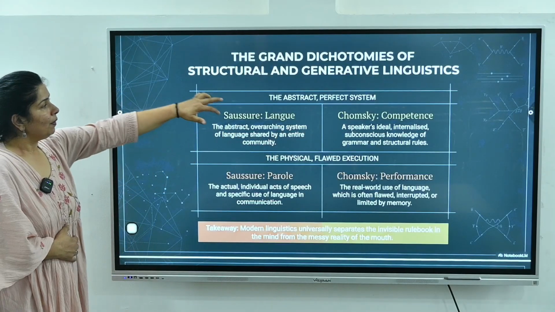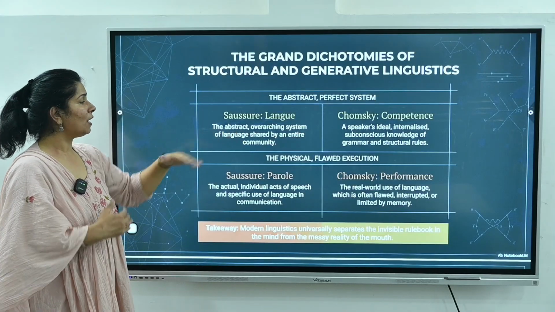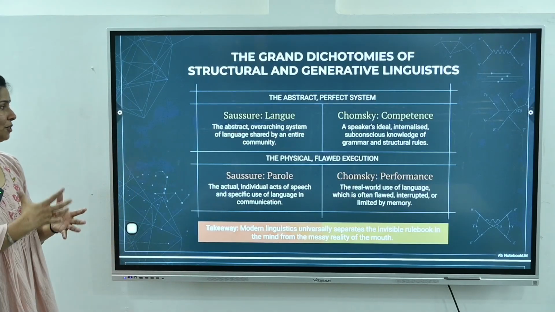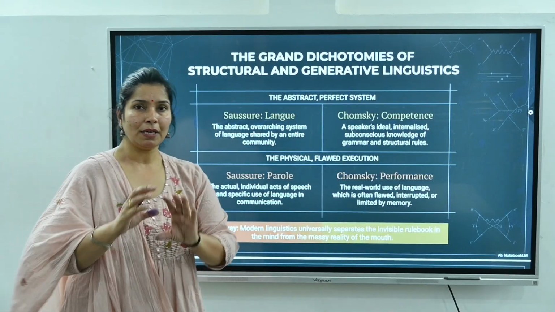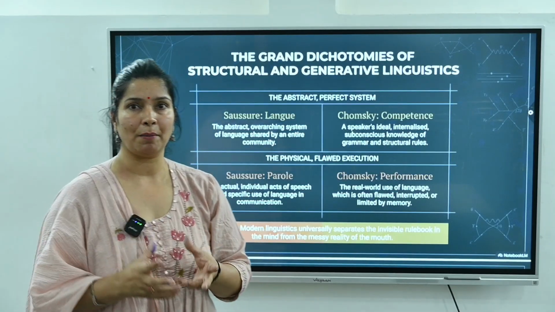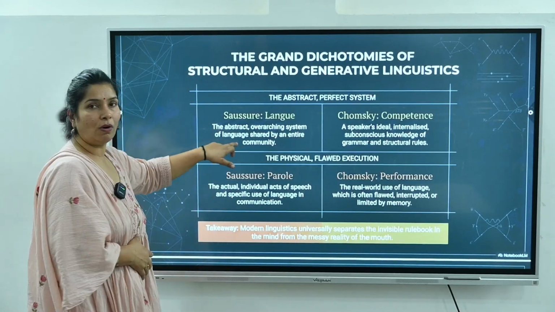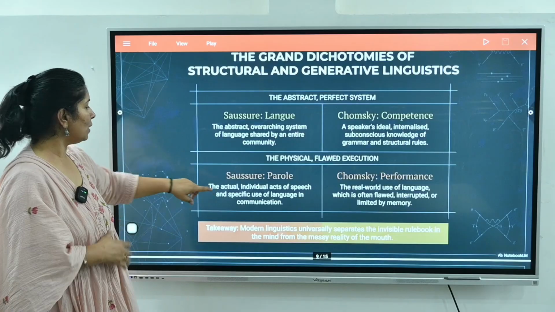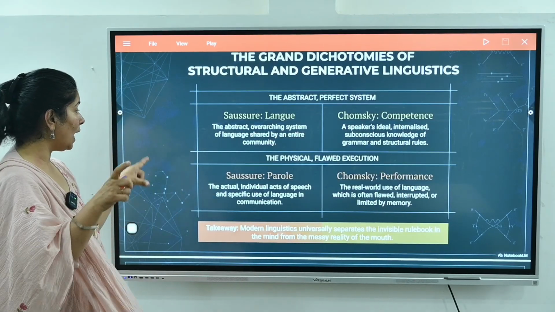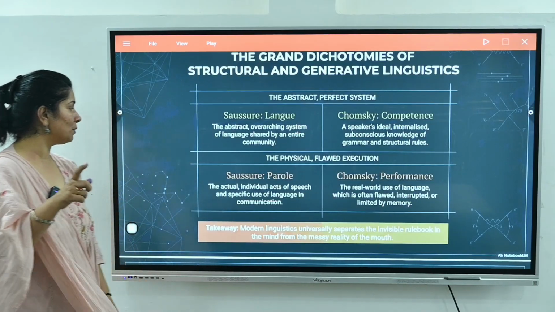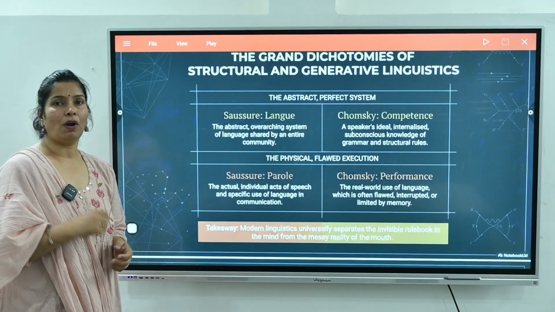Langue is the abstract overarching system of language shared by the entire community. It is a system of rules, grammar, patterns, and structure. This knowledge is called langue, and the actual individual acts of speech, the specific use of language in communication, is called parole.